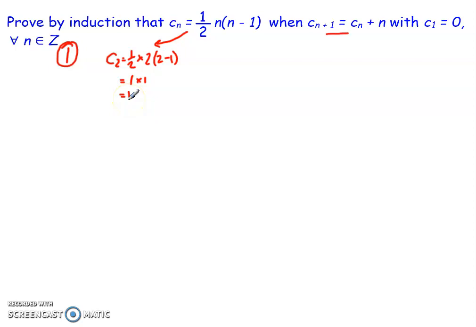If I then use this format here, I've got C2, which is equal to Cn, which in this case is C1, which is 0, plus n. Now n plus 1 is 2, so the next term is 2, which means that n is 1, so it's equal to 0 plus 1, which in this case is equal to 1. So then it holds for a specific term, C2.